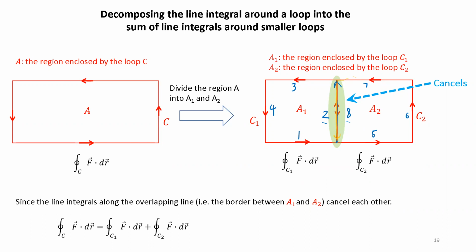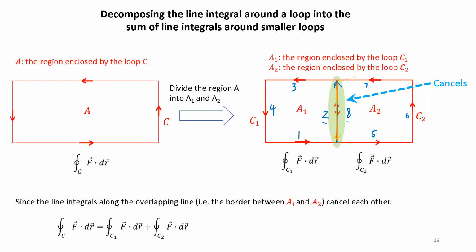But I'm walking along the exact same line, so the field that I experience over that line will be exactly the same. But since I'm walking in the other direction, my dot product has to add a minus sign. That means the line integral over segment 2 will exactly cancel the line integral over segment 8.